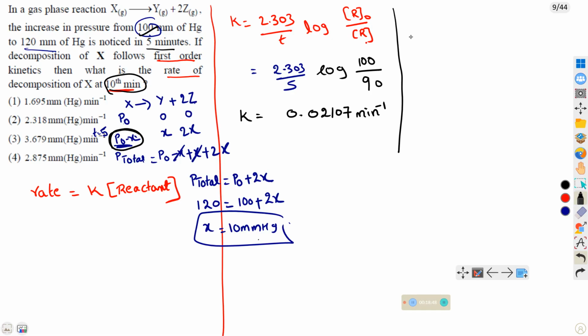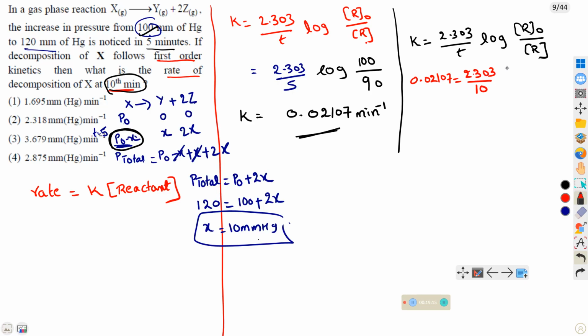So K value we know. Now again take the integrated rate equation: K is equals to 2.303 by t log of R naught by R. K value is already known, 0.02107 is equals to 2.303 by time 10th minute log of R naught, value fixed 100.